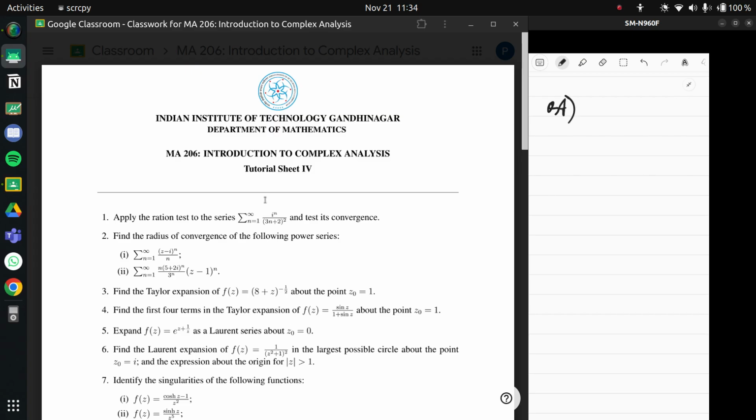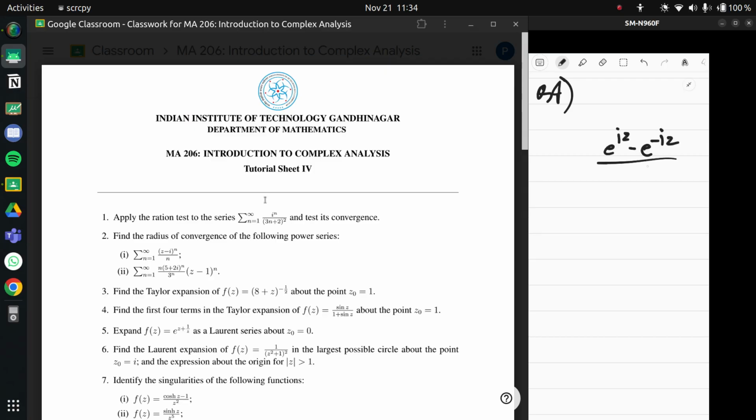Find the first 4 terms of the expansion of sin z upon 1 plus sin z about the point z not equal to 1. So yeah, what's sin z? Sin z is just e power iz minus e power negative iz, upon 2 iota. Is this a valid way to be doing it? Let's see how tough this is going to work.